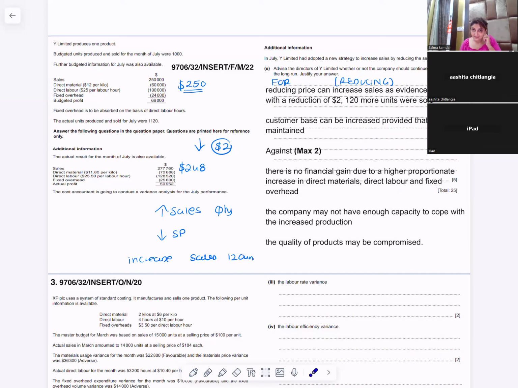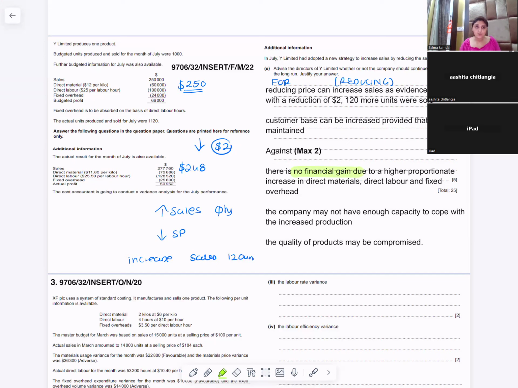More units sold means more direct material, more direct labor, more fixed overheads, because fixed overheads are absorbed on the basis of direct labor. So the first thing against reducing the selling price is that there is no financial gain.